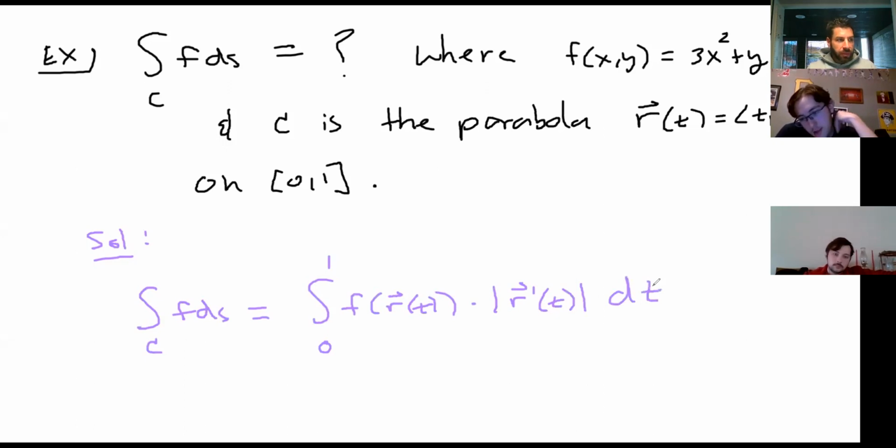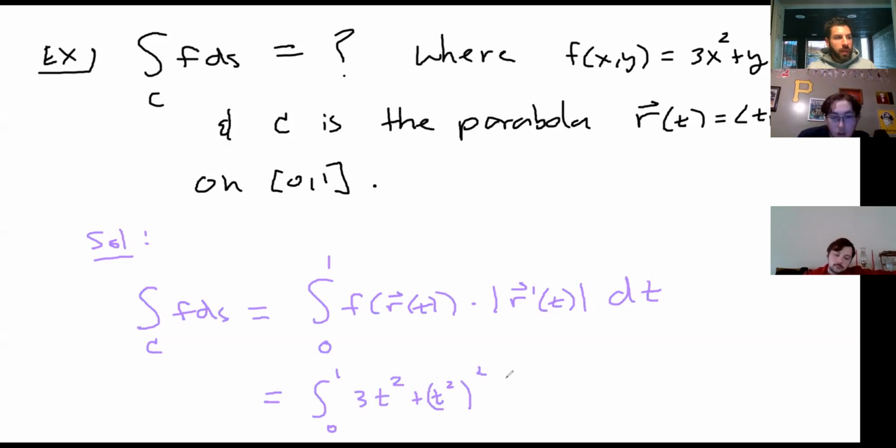So now we have to plug in what these things mean. And this is, again, usually, I'm going to give you some practice on even doing this, because it's something that when you're in my position, you forget how strange it is. So what is f? Well, f is 3x squared. So this becomes 3t squared plus y, which is t squared squared.